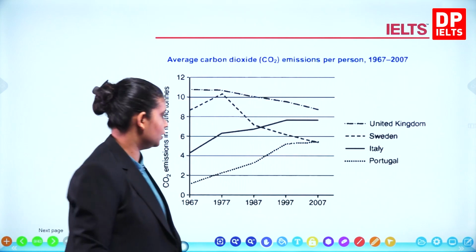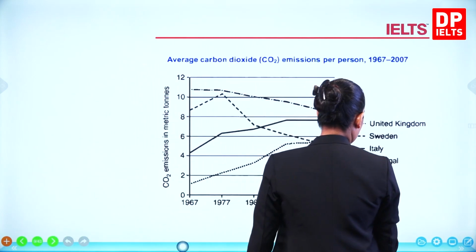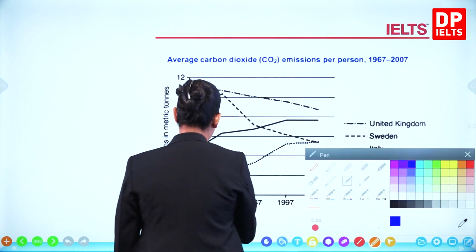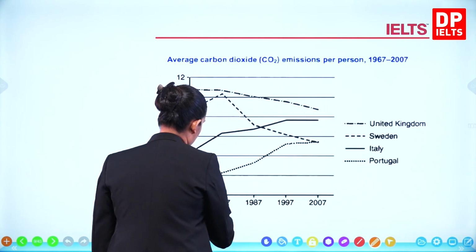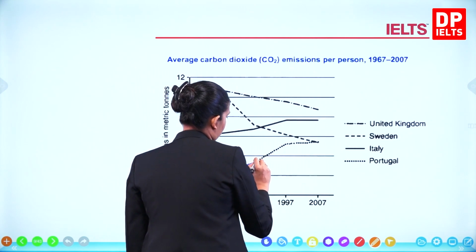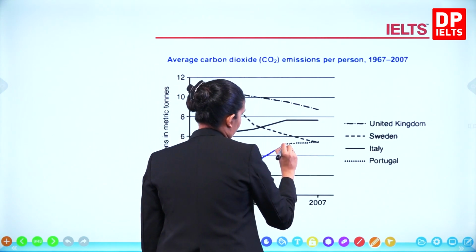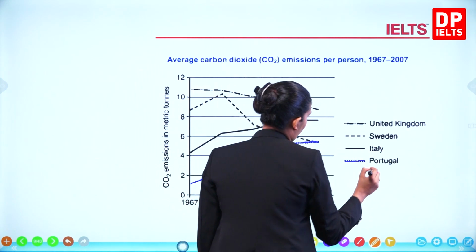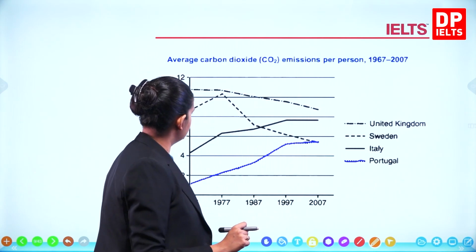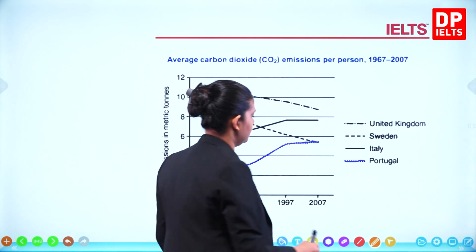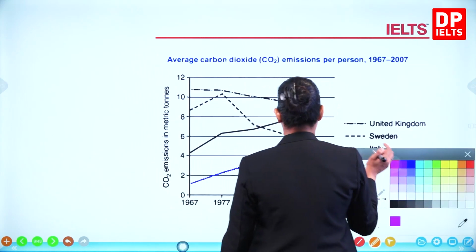Let me just color code it a bit so it will be easier for you to follow through, right? So this one here, the blue line, right, is Portugal, right? So it's nice and clear there for you, right? Let me do Sweden up. So again, it's clear.